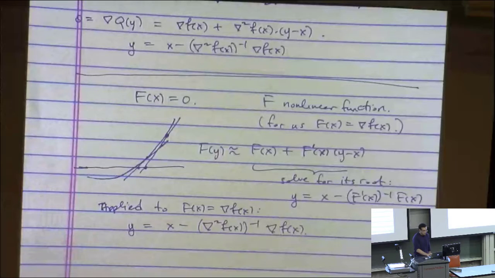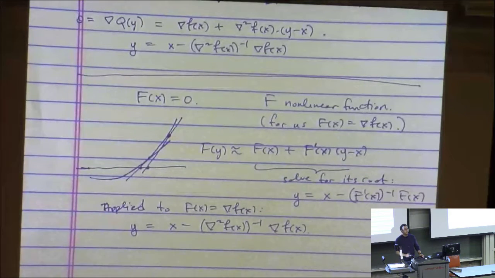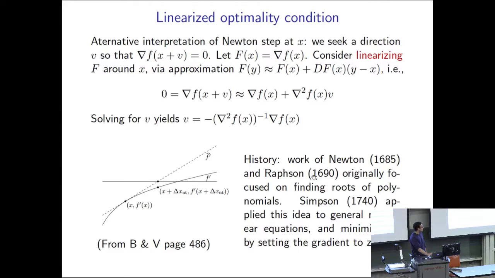Historically, Newton worked on this to come up with an algorithm for finding the roots of polynomial equations. At that time people were really interested in characterizing the roots of polynomial equations, and this is where Newton's work originated. Sometimes you might hear it called Newton-Raphson, because Raphson also worked on this problem.